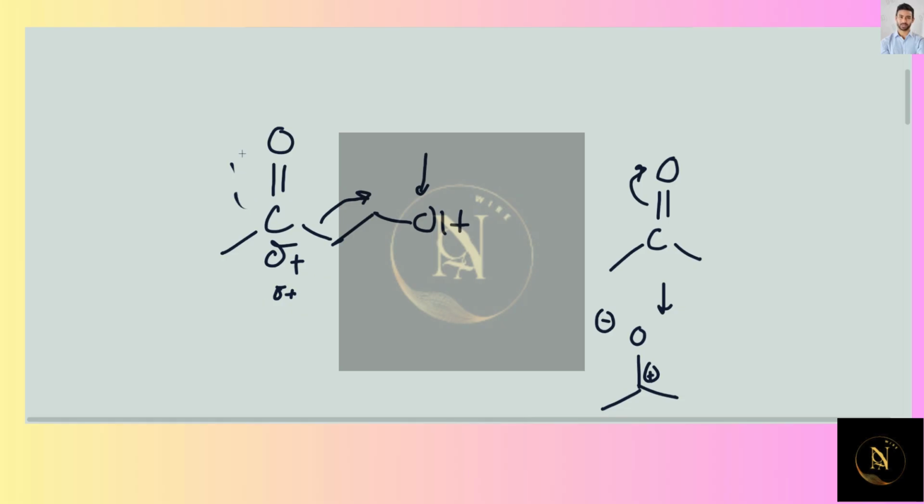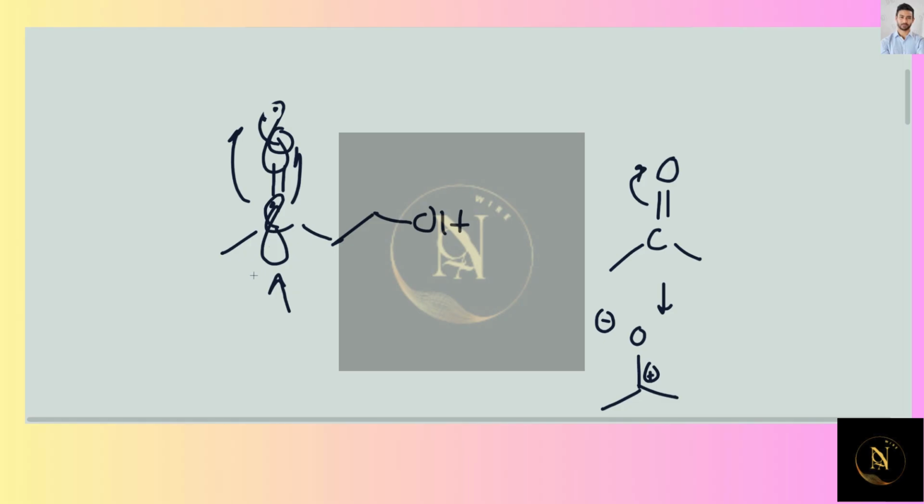Now we can consider resonance, and here we've got the same idea as before, where we've got a pi system here, but in this case, each of these has one electron, but the oxygen is pulling so much more strongly on this.